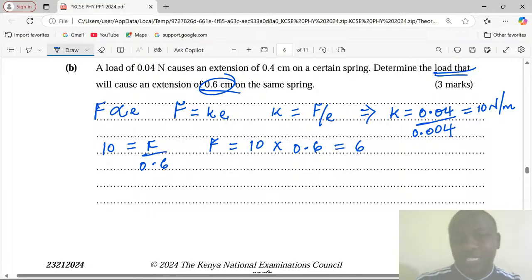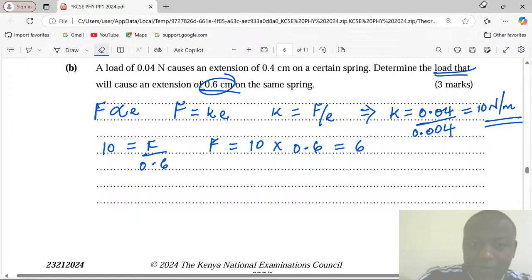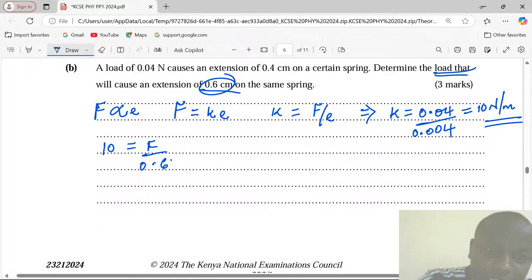Sorry for this. Actually, I'm not supposed to combine centimeters and a spring constant which is in SI units. You see, there is meters here. Therefore, I'm supposed to convert my 0.6. Sorry for that oversight. So I should convert 0.6 by dividing it by 100 to make it meters.